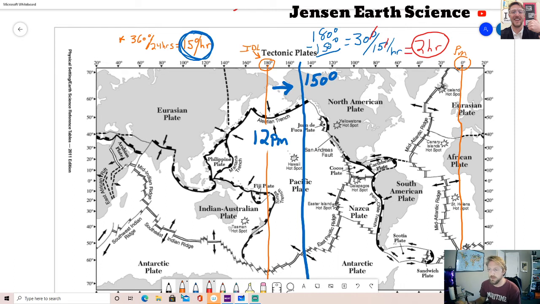If I am moving to the west, it gets earlier in the day. Because I am moving east in this case, I am going 2 hours ahead in time. So if it's 12 p.m. at 180 degrees, then at 150 degrees, it should be 12, 1, 2. So at 150 degrees, it would be 2 p.m.